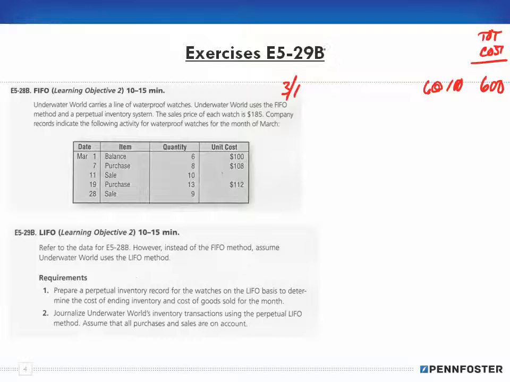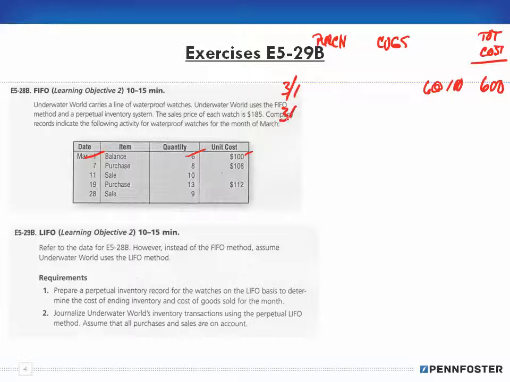I'm going to put my purchases here and my cost of goods sold here. Limited amount of space. So we're starting out with a beginning balance of 6 units at $100 each.